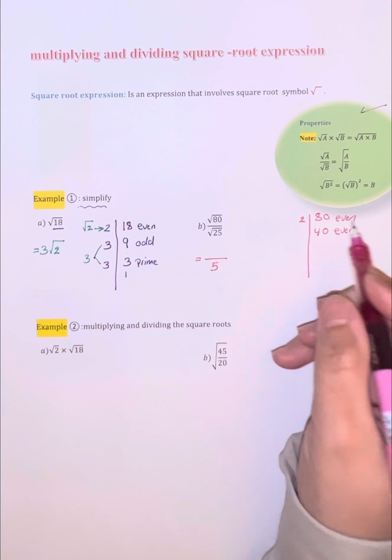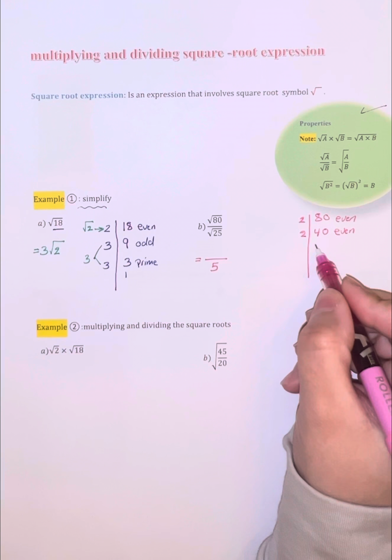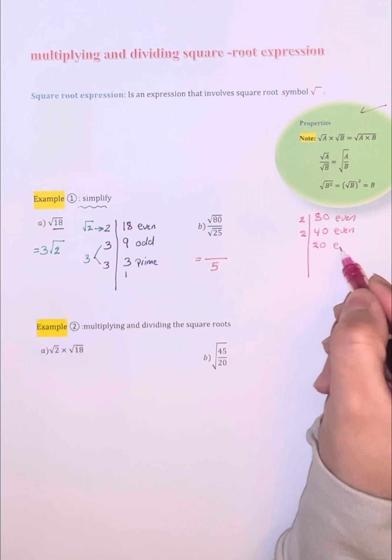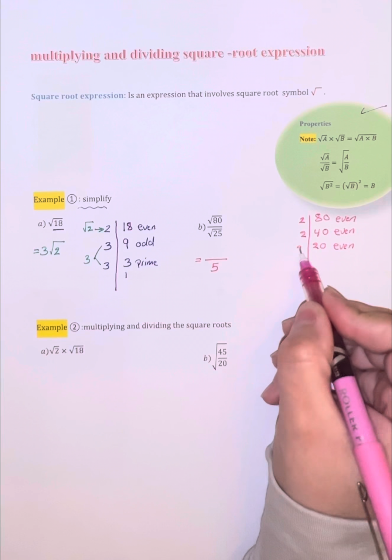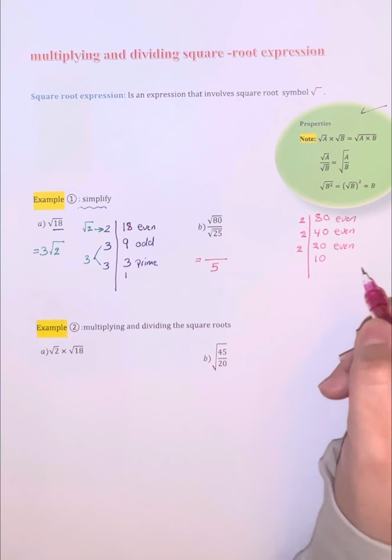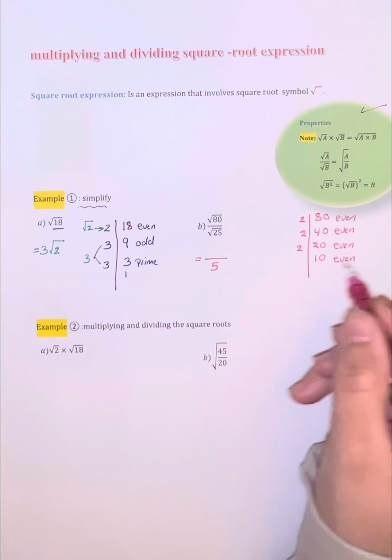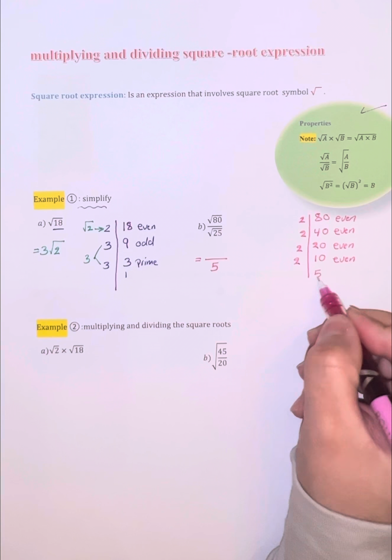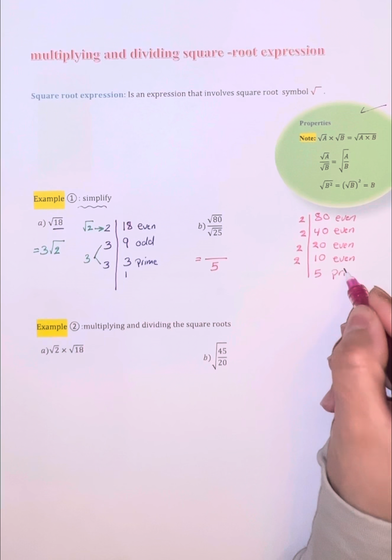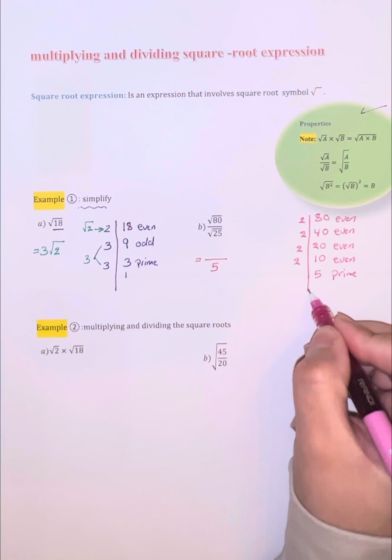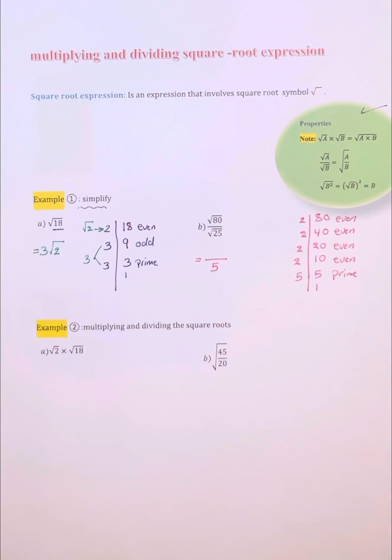Again, we get an even number. Divided by 2 will be 20. Again, even. Divided by 2 is 10. Again, even. Divided by 2, 5. We get prime. So, divided by itself, we get 1.